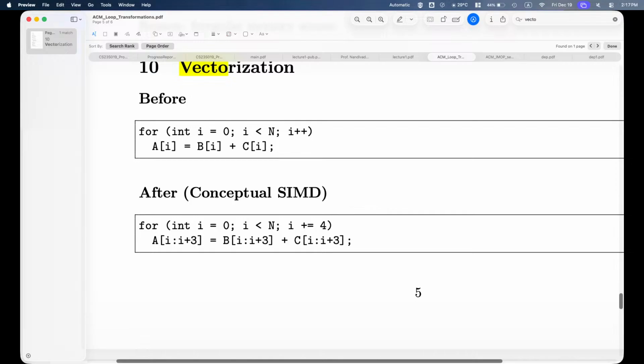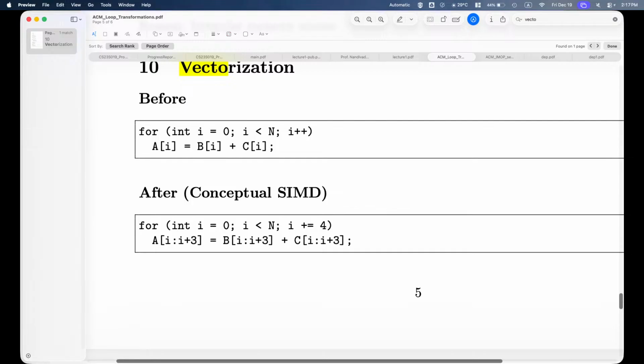So sometimes we also use this notation. It's called vectorization or SIMDization. SIMDization, and sometimes we use this notation also. Same thing.